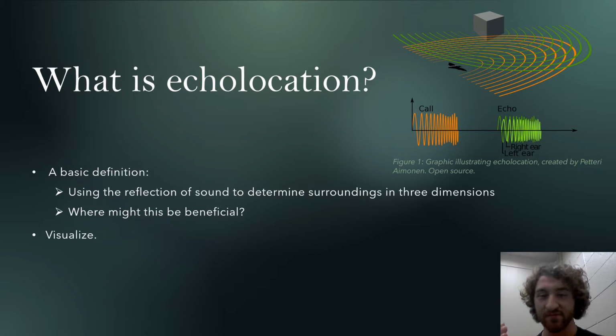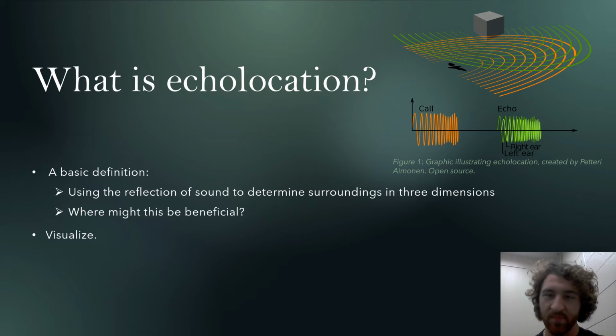We've got a bat featured in this graphic, and as the bat is flying, and of course dolphins don't fly, so we'll just use a more all-encompassing term. As the bat is engaging in motility, it's emitting a noise at whatever frequency, it doesn't really matter.